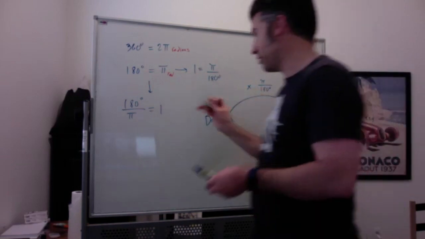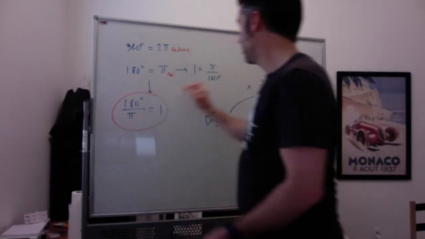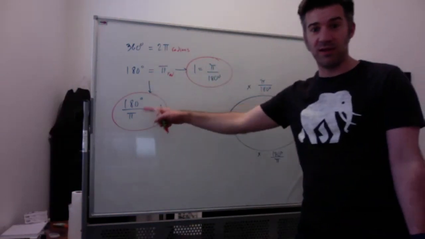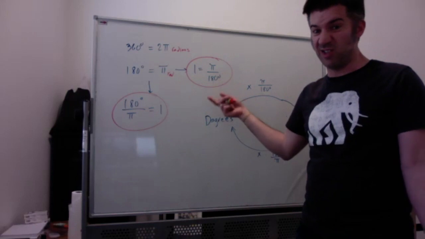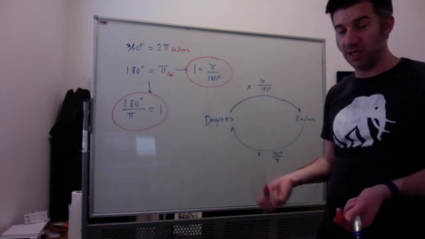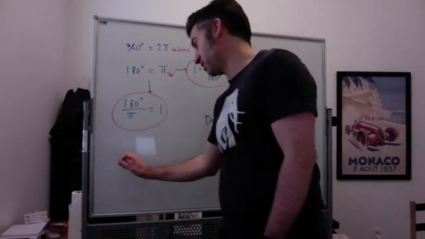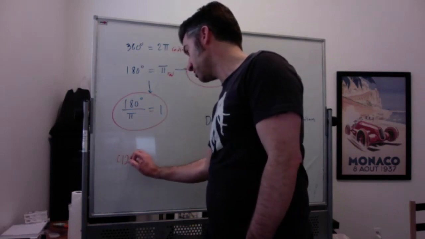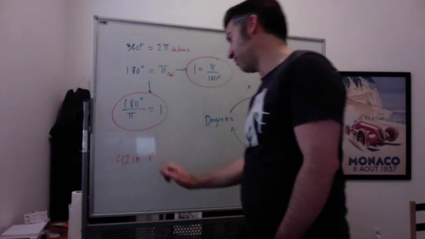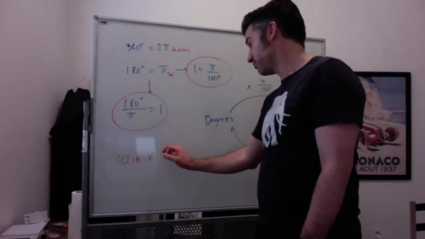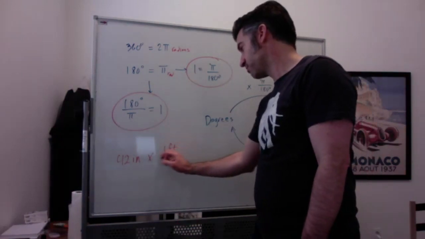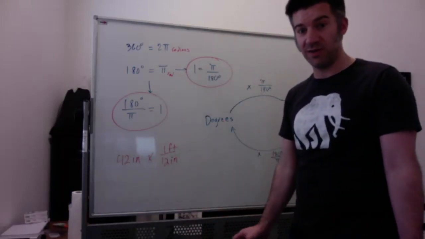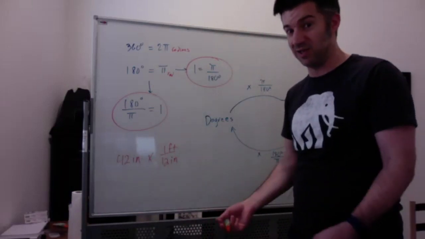So I want to point out that it's okay to multiply by this number because it's just 1. Just like if you're changing inches to feet, right? If I have something that is, I don't know, 42 inches, I can multiply that by 1, right? 1 foot equals 12 inches, so 1 foot divided by 12 inches is just 1.